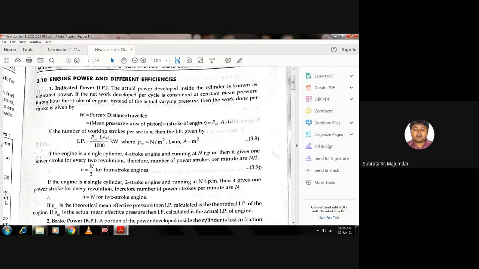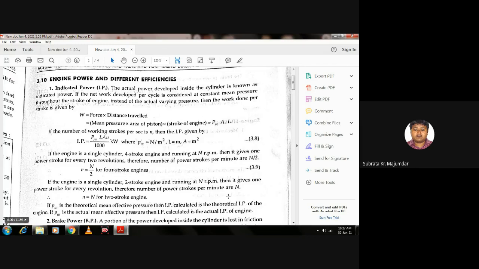Is it right? For a 4-stroke engine, there is only one power stroke for every 2 revolutions. Therefore, the number of power strokes per minute is N by 2. Then small n equals capital N divided by 2.